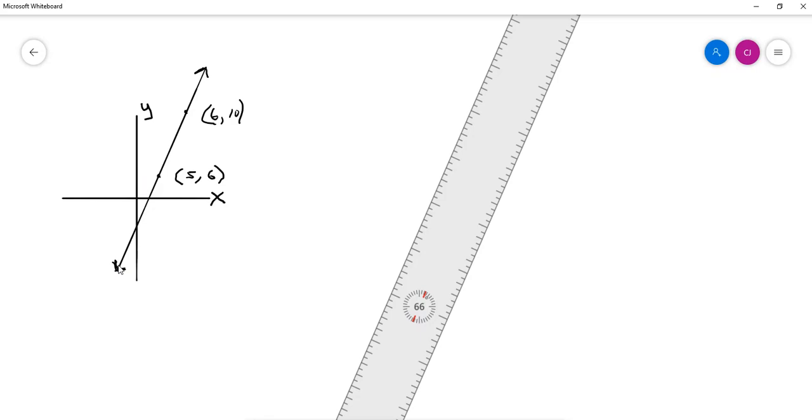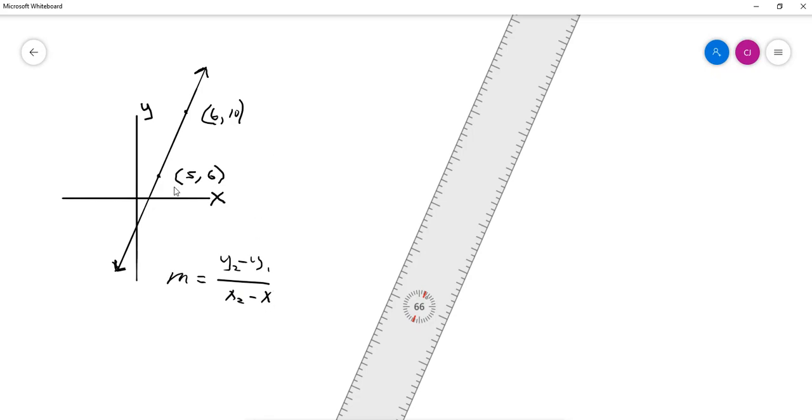It's a linear relationship between x and y. So linear meaning that the rate of change or the slope of this line is consistent. We had our slope formula. We had that m equal to y sub 2 minus y sub 1 divided by x sub 2 minus x sub 1.